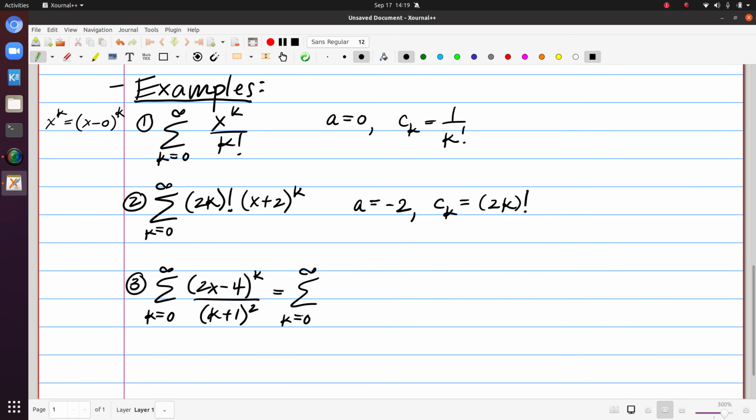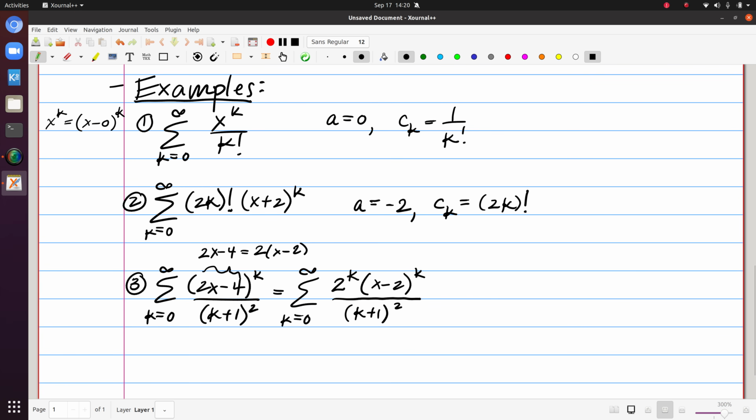In particular, 2x minus 4 is equal to 2 times the quantity x minus 2. So that numerator, since it's all raised to the k, is the same thing as 2 to the k times x minus 2 raised to the k. The denominator is k plus 1 squared.